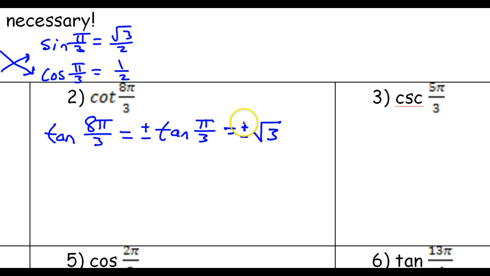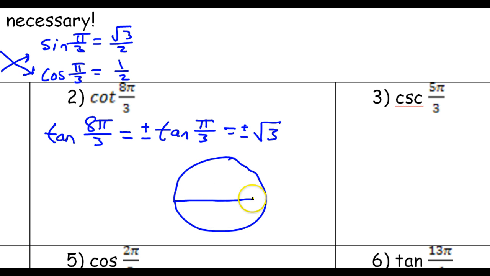Alright, the way I figure out whether it's positive or negative is I'm going to look at the unit circle. So just quickly draw yourself a unit circle, divide the top into 3 equal parts, so you'll have pi over 3's, and then start counting. Alright, I want 8 pi over 3. So this is 1 pi over 3, 2 pi over 3, 3 pi over 3, 4, 5, 6, 7, 8 pi over 3.